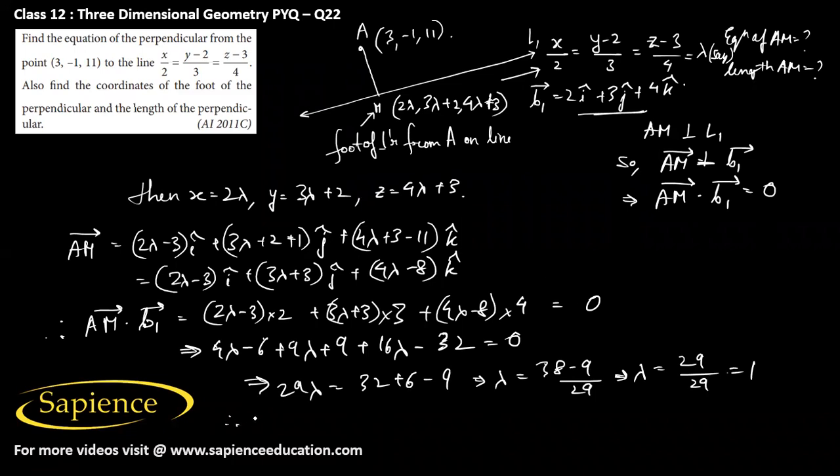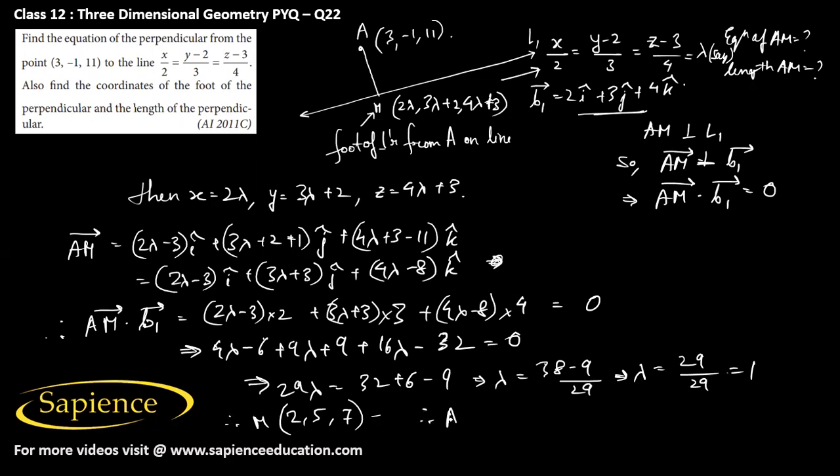Therefore the point M can be written as 2, 3 plus 2 which is 5, 4 plus 3 which is 7. So M is (2, 5, 7). This is the required foot of the perpendicular from the given point on the given straight line. We need to find the length of this perpendicular and the equation of the perpendicular also. How to find the equation? We need the direction ratios along the vector AM.